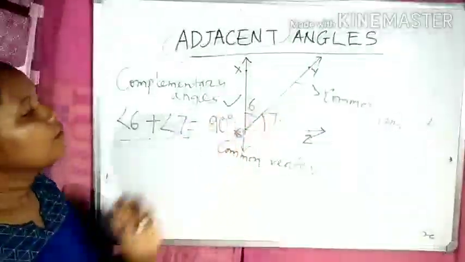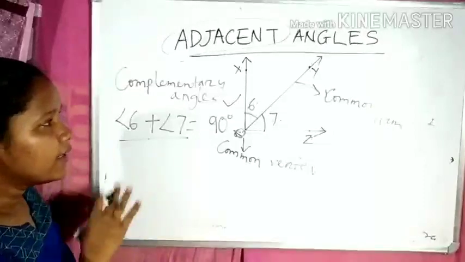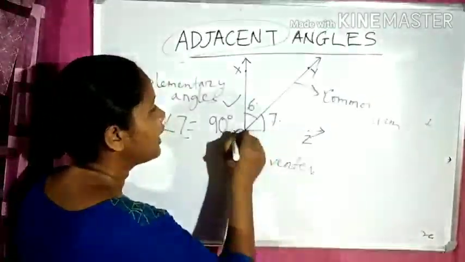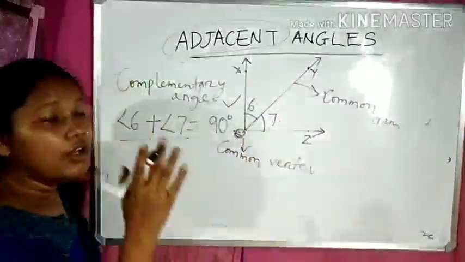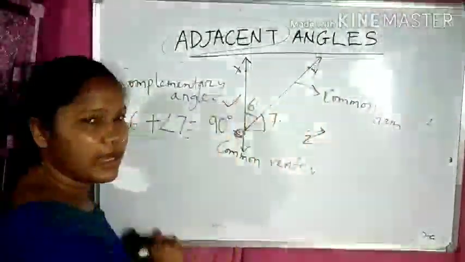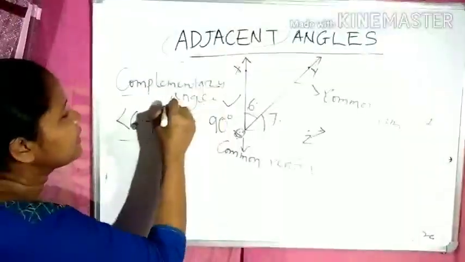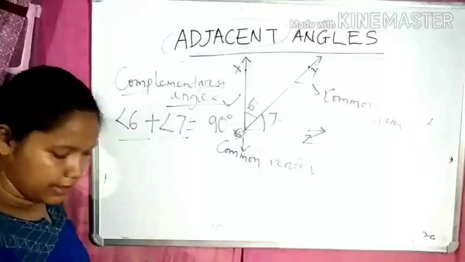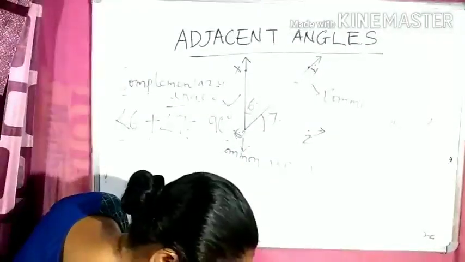Next, are the uncommon arms on the two sides of the common arm? Yes, the uncommon arms are OZ and OX, on the two sides of OY. So complementary angles are also adjacent angles. Complementary angles can be adjacent angles.